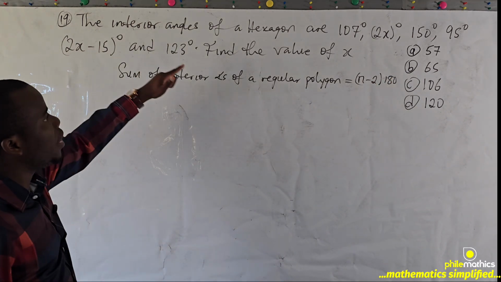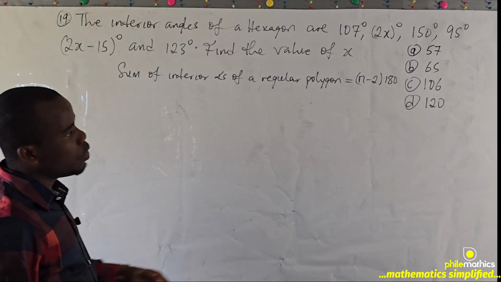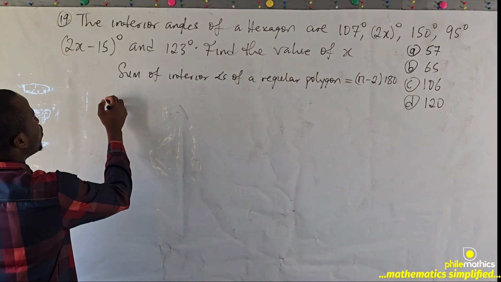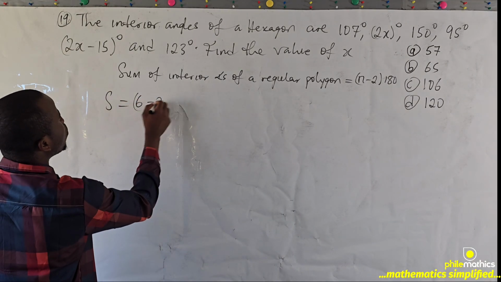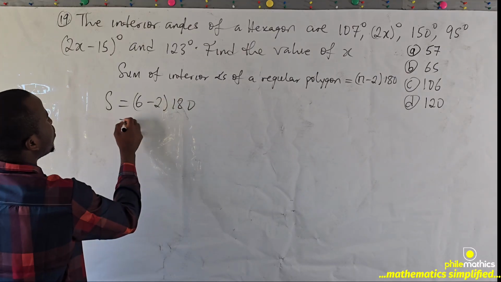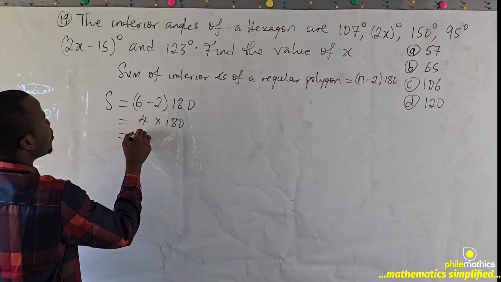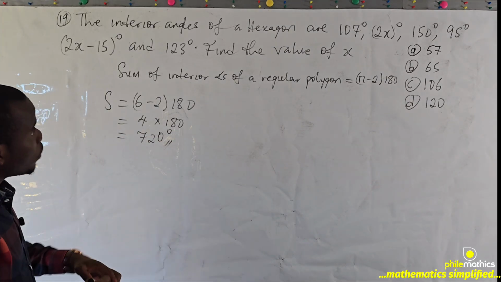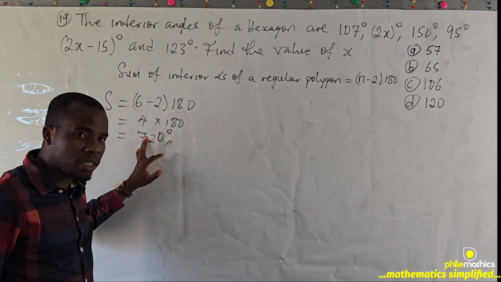And a hexagon is a six-sided polygon. So n is 6. So for a hexagon, the sum is 6 minus 2 times 180, which is 4 times 180, which is 720 degrees. So the sum of these interior angles has to give rise to 720 degrees.